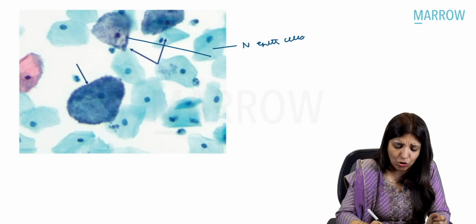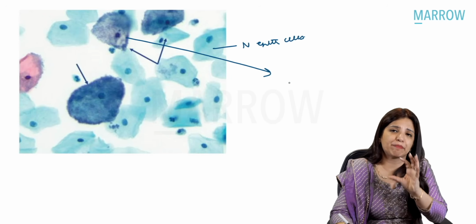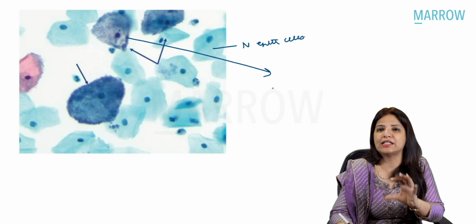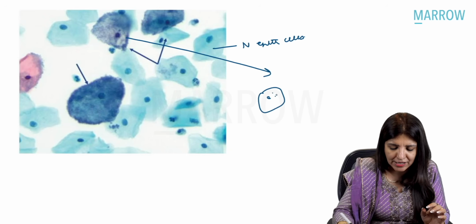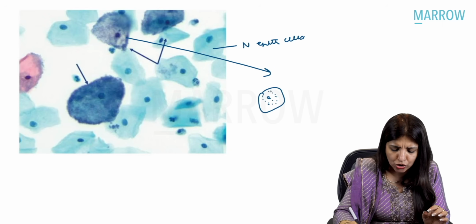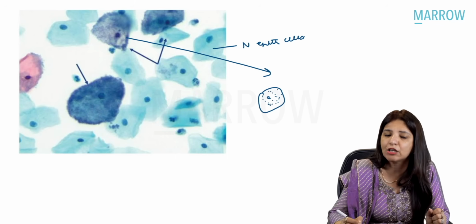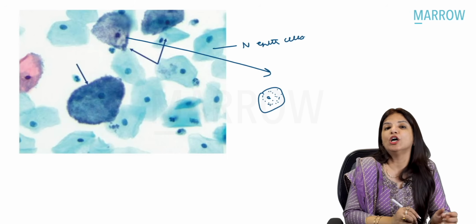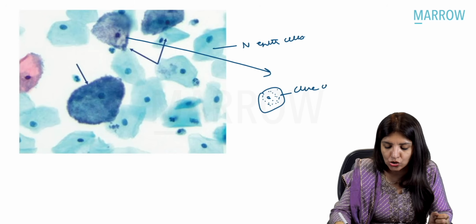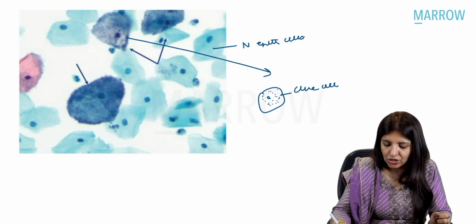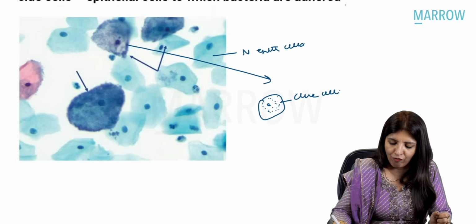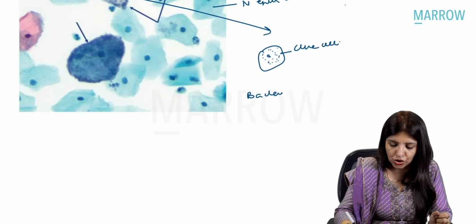And do you see that it is appearing as if the normal epithelial cells are very dirty. So it is appearing as if there are lots of dots on the epithelial cells. These dots are nothing but the bacteria which are adhered to the epithelial cell, and such a cell is called a clue cell. And this is what you get in case of bacterial vaginosis.